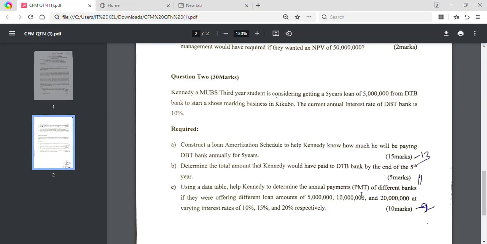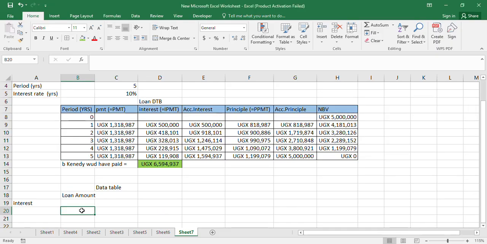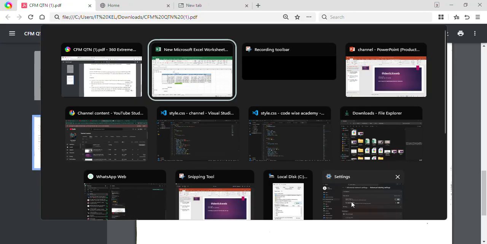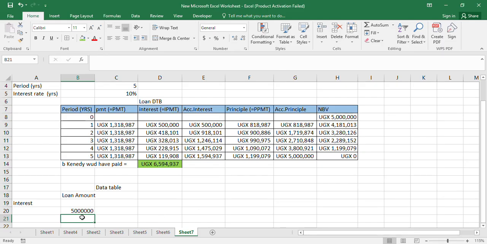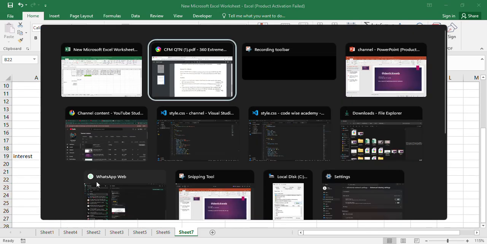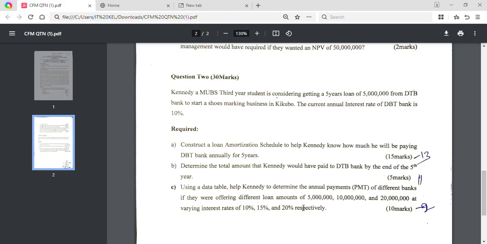The first loan amount is 5 million. The second one, they are telling us that it is 10 million. And the third one, they are telling us that it is 20 million.